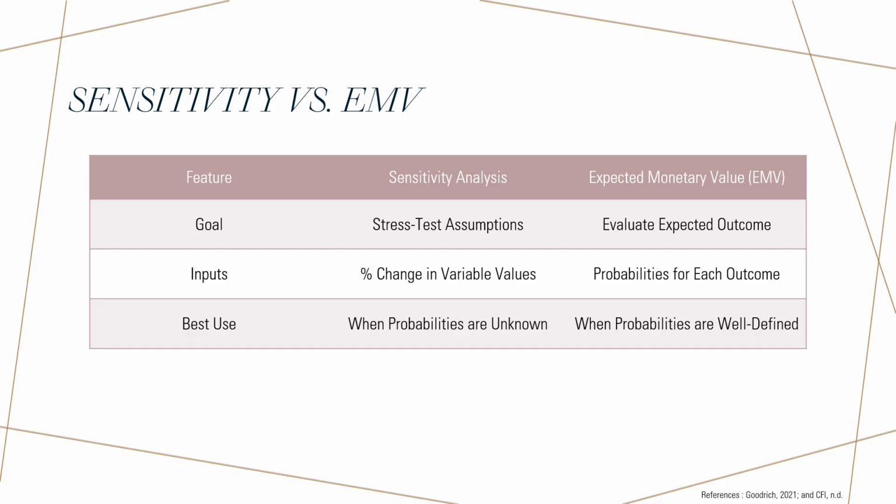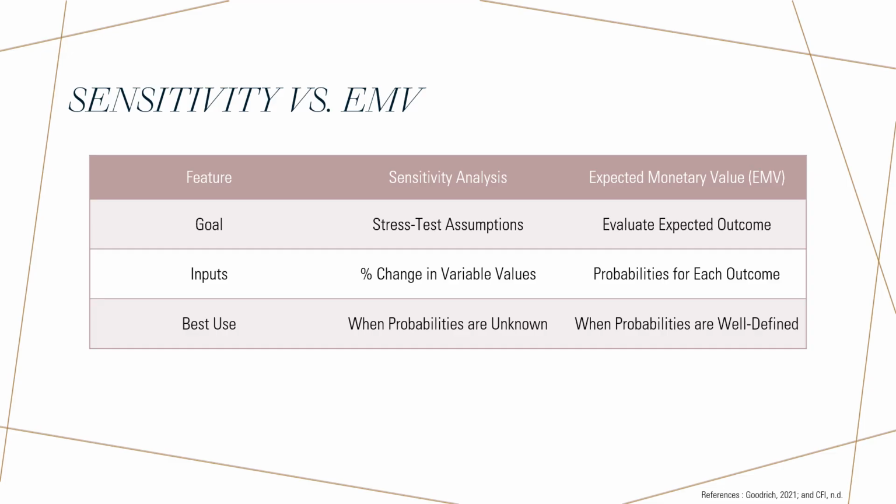This range is ideal for identifying break-even thresholds and testing the resiliency of a project. Both approaches are complementary to each other. The EMV gives us an expected result based on risk probabilities, whereas sensitivity analysis shows us which assumptions push the project into negative territory.